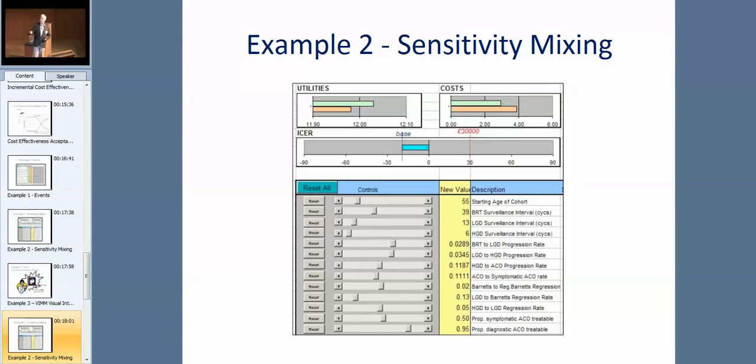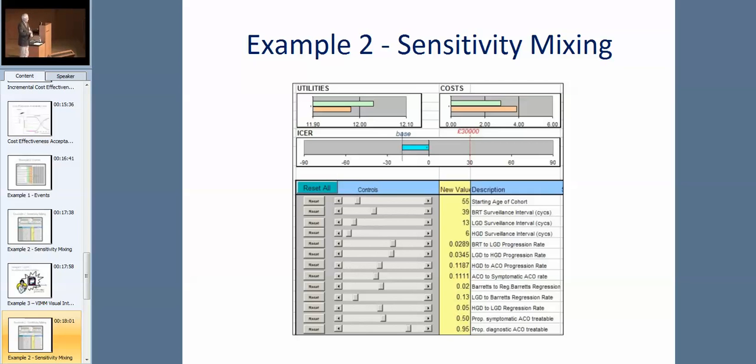So each of these sliders allows you to play with whatever parameter is of interest, move it up or down across a specified range, and it will reflect the changes in the outputs from the model in these graphs here. So we call this the sensitivity mixing desk, because anybody can use that to play with the different input parameters of the model and see which ones impact most severely on the primary outputs, which are represented at the top. How long have we got?